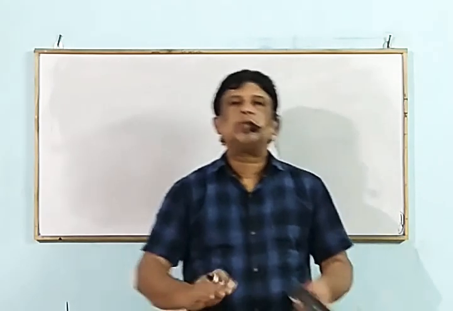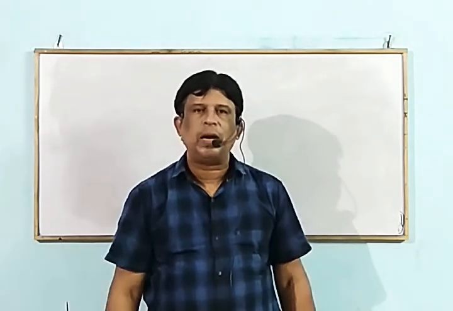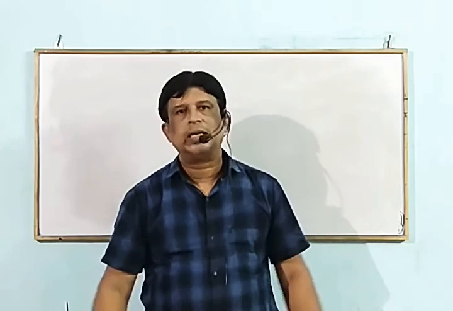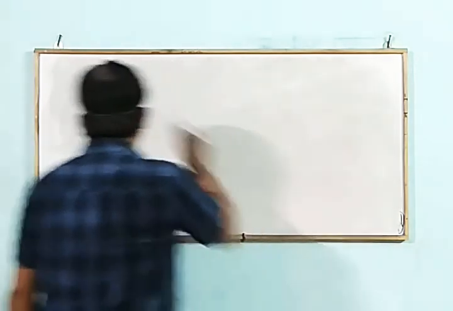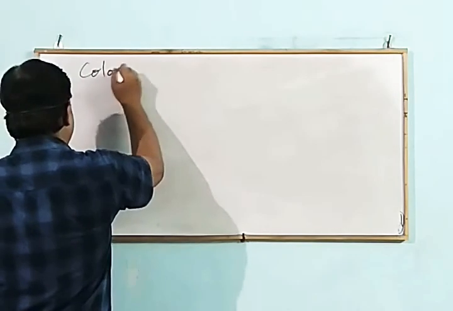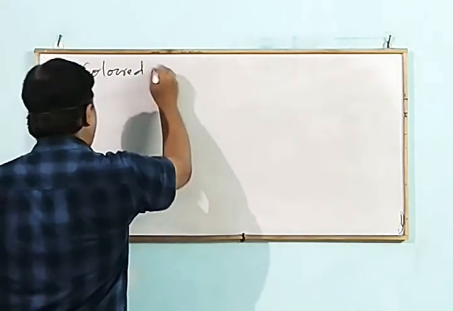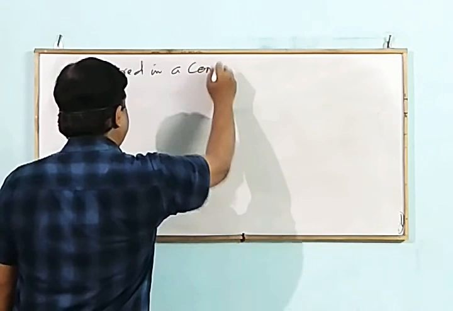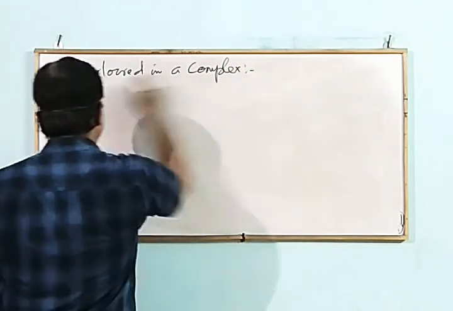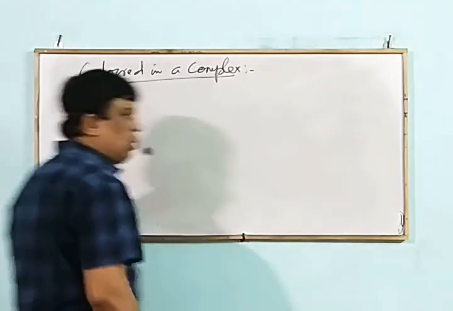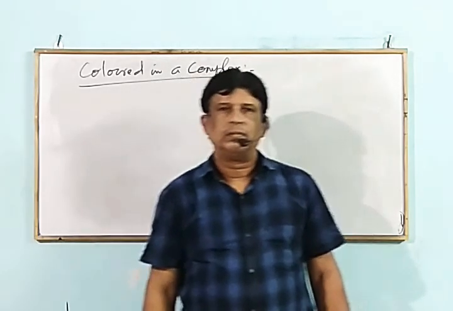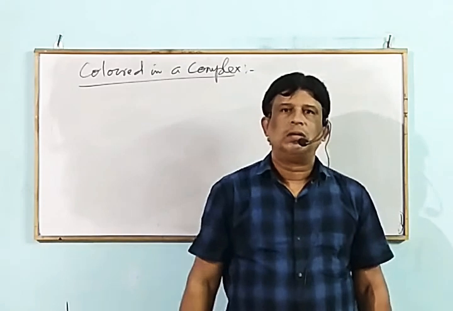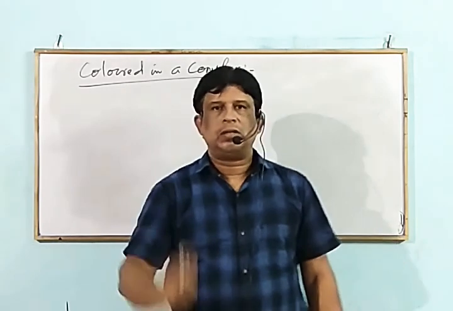And if all electrons are paired up, there is an absence of unpaired electrons, known as diamagnetic nature. Then we discuss color in a complex. Some complexes are colored in nature, and this is due to the d-d transition.